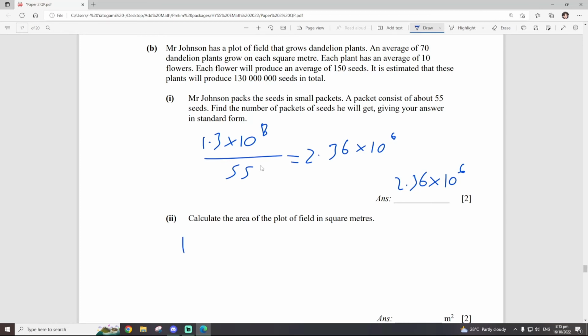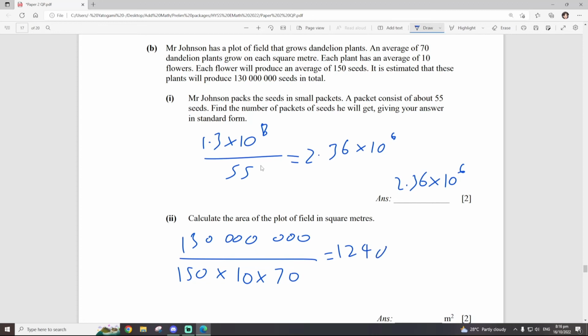So you divide this by the number of seeds per flower. This will give you the number of flowers. Then each plant has an average of 10 flowers, so you divide by that, so times 10. Then you divide by 70 because 70 per square meter. Then you figure out what this is. And this turns out to be 12403 square meters.